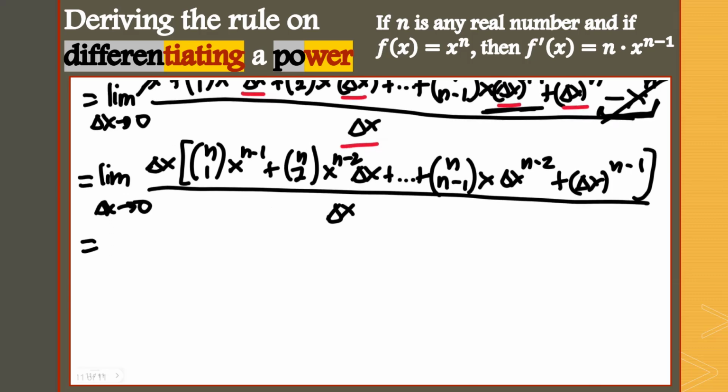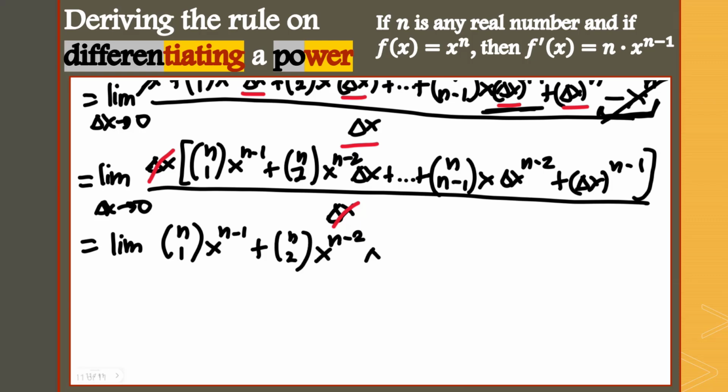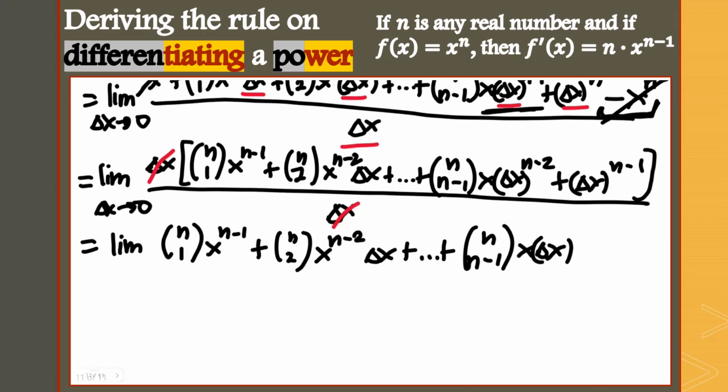Now, as mentioned, you can simply cancel that, and instead of having a rational expression, you will have a polynomial expression in this form, which is easier to substitute delta x approaching 0. So you have here n taken 1, x to the power of n minus 1. Then you will have here plus n taken 2, x to the power of n minus 2 delta x, plus dot dot dot, plus n taken n minus 1, x delta x raised to n minus 2, plus delta x raised to the power of n minus 1, as delta x approaches 0.